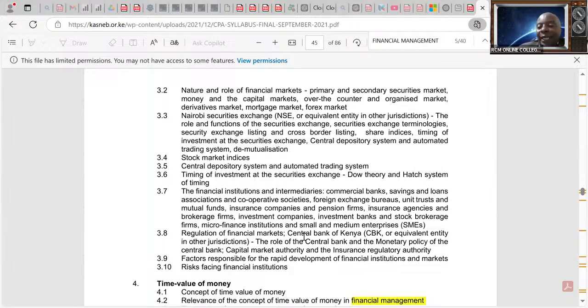Regulation of financial markets, Central Bank of Kenya, or equivalent entity in other jurisdictions, the role of the central bank and the monetary policy of the central bank, Capital Markets Authority and Insurance Regulatory Authority, factors responsible for the rapid development of financial institutions and markets, risks facing financial institutions, like some banks. Look at, for example, First Community Bank. I mean, it really right now is in a big problem.